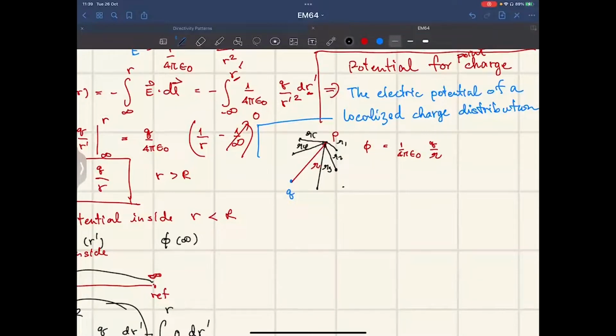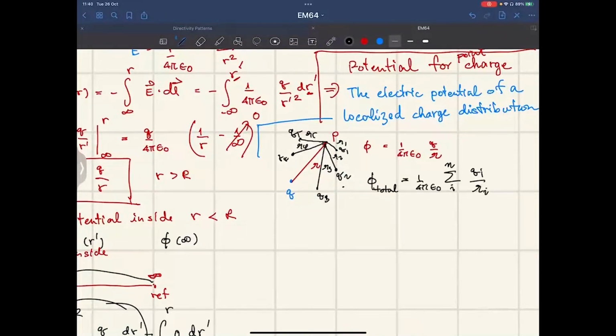And this one is Q1, this one is Q2, this one is Q3, this one is Q4, this one is Q5. You can have many discrete charges. So the phi total is equal to 1/4 pi epsilon naught, summation over i, let's say n of them, qi divided by ri. This is the total potential from these charges.